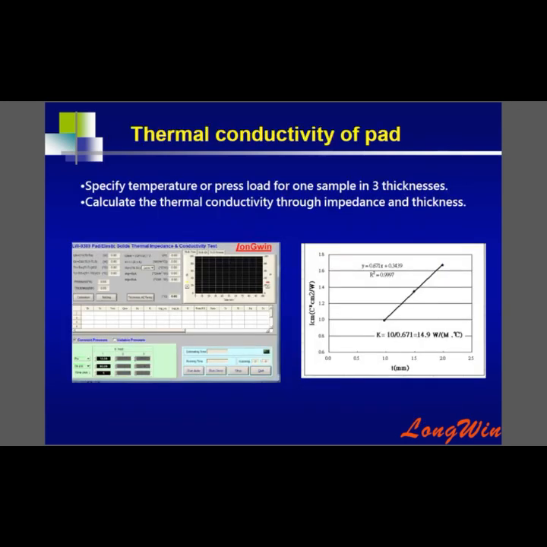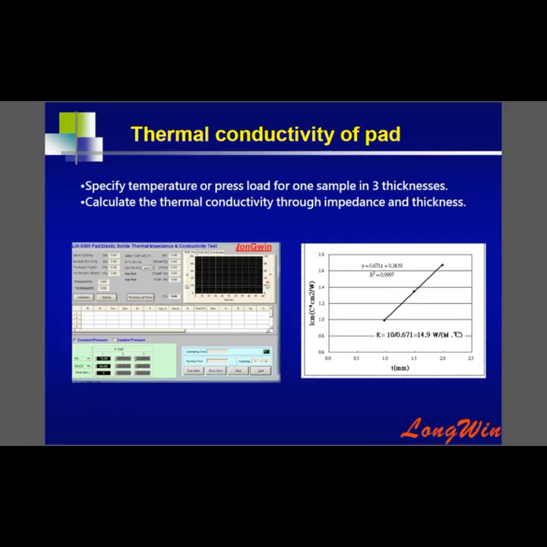The second test mode is thermal conductivity of thermal pad. In this case, we need to have one sample with 3 different thicknesses, and we'll get the correlation between thermal impedance and press load.